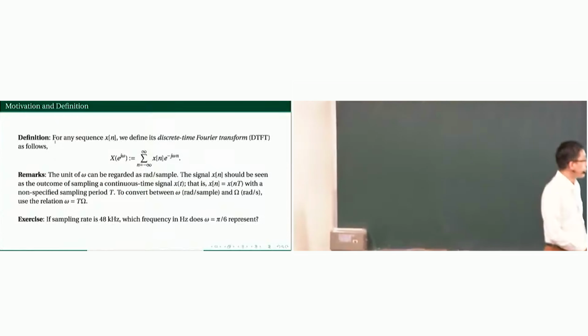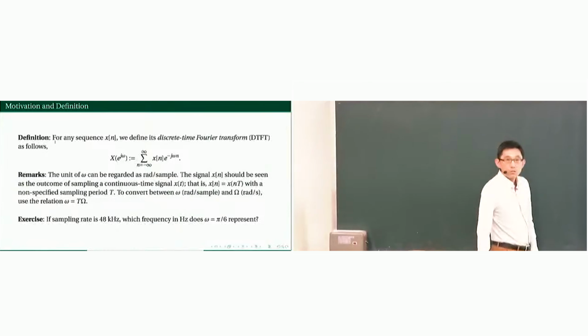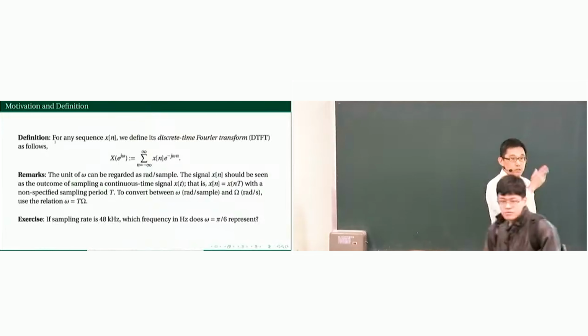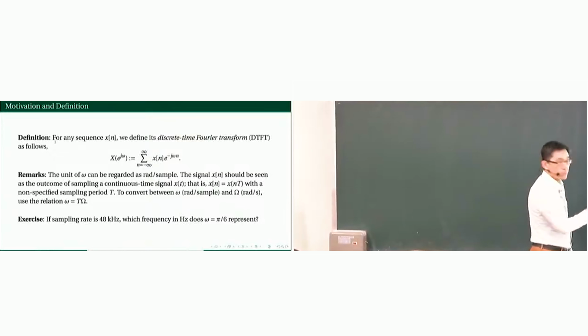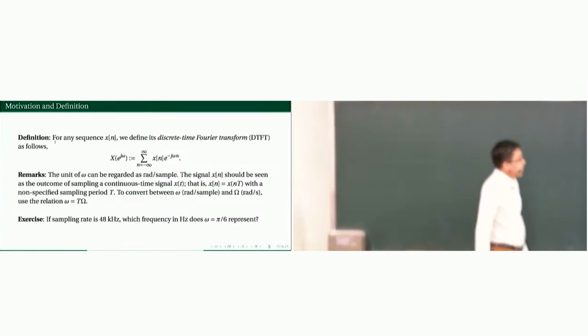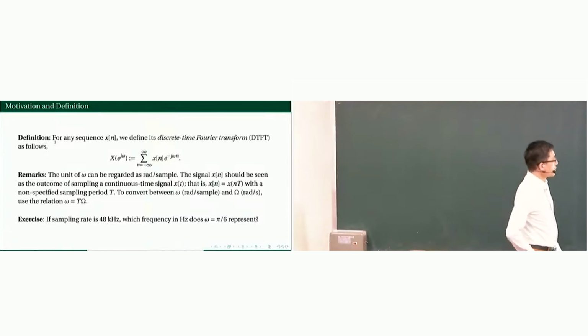Here the variable small omega is the frequency, which I recommend we use around the unit circle. So let's say from 0 to 2 pi, or if you will, from minus pi to pi, because later you will learn that it is periodic. So it doesn't matter, omega is any closed interval of length 2 pi, from minus pi to pi, or from 0 to 2 pi. So omega is the frequency.